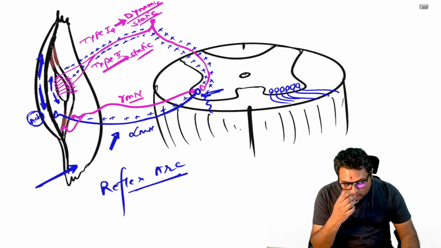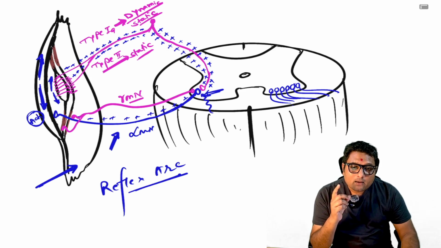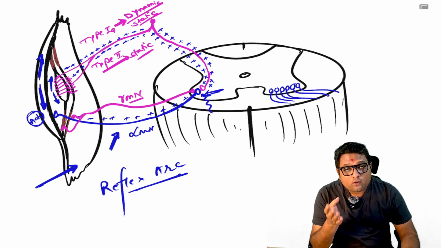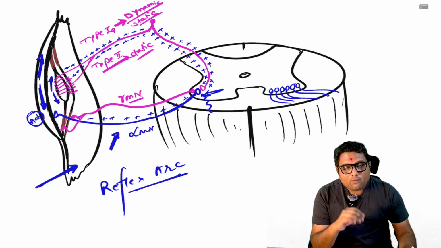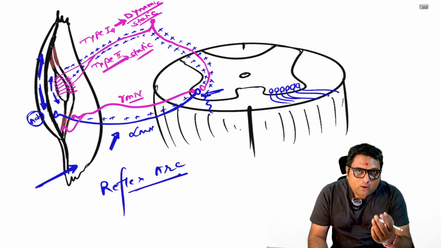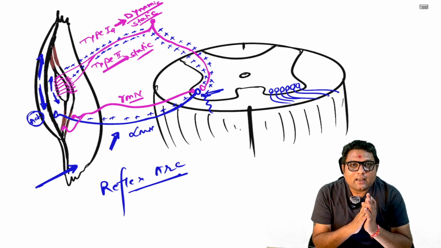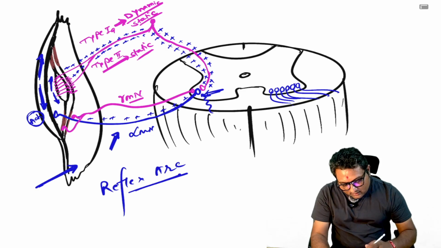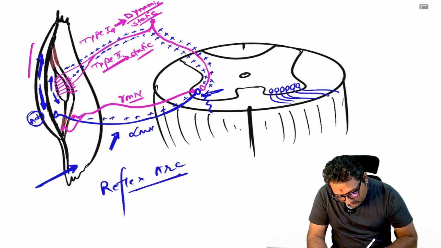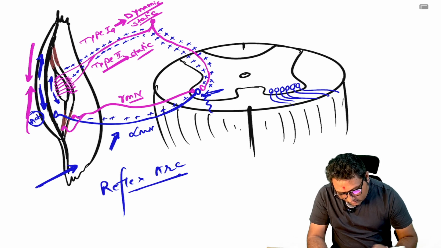Okay. Now gamma motor neuron, what is the significance of this gamma motor neuron? So the gamma motor neuron gets stimulated along with the alpha motor neuron. When a person voluntarily contracts a muscle, the length of the muscle reduces.